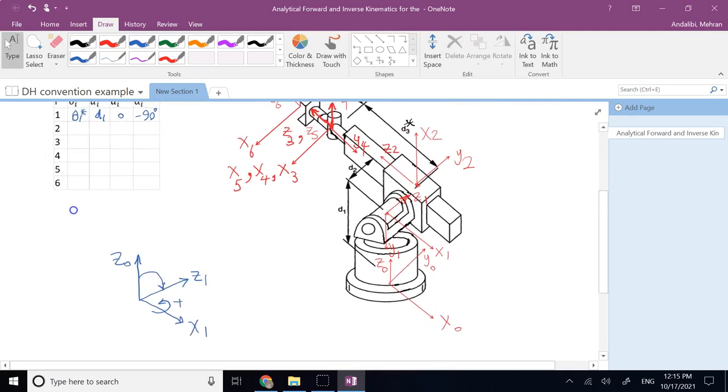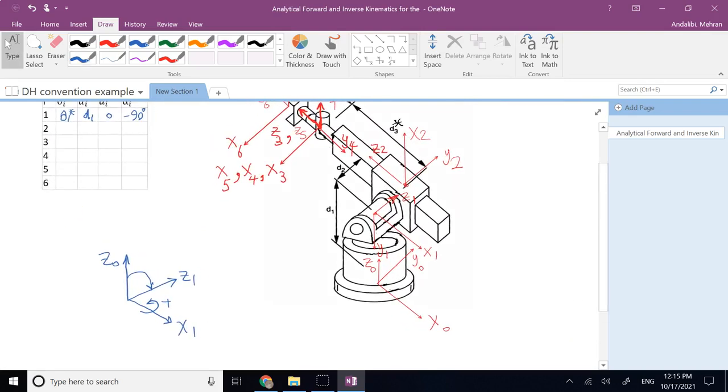Now we go from frame 1 to 2. If you look at the x's, they are not aligned in the first place, right? x2 is upward, x1 is to the right. So without even theta 2 being applied, you first need an offset angle, and then you can apply your theta 2. So this is your x0, this is your x1.